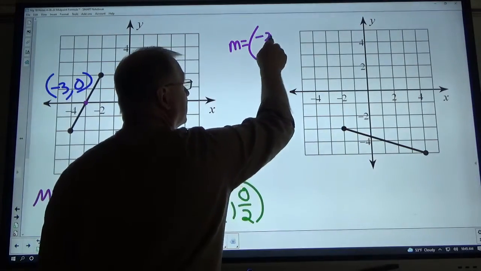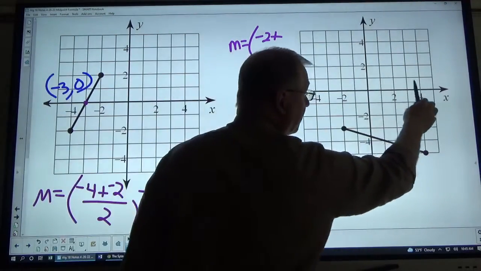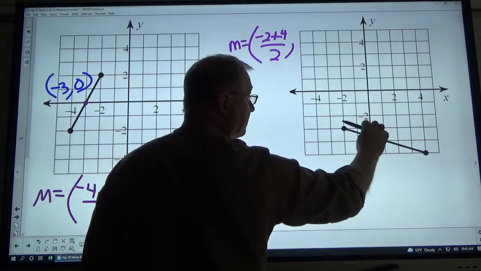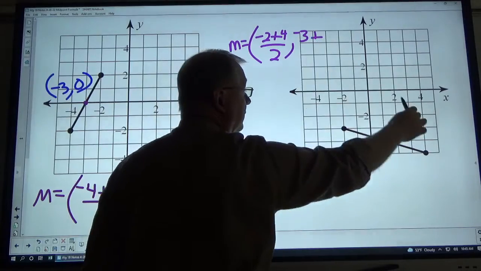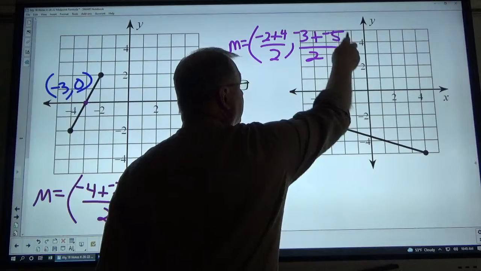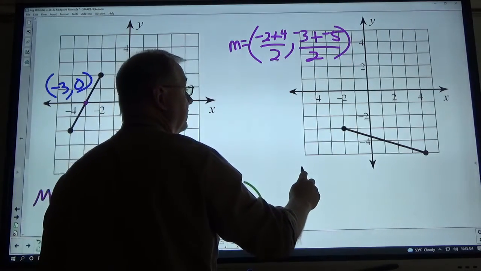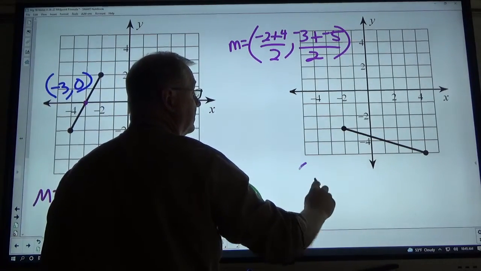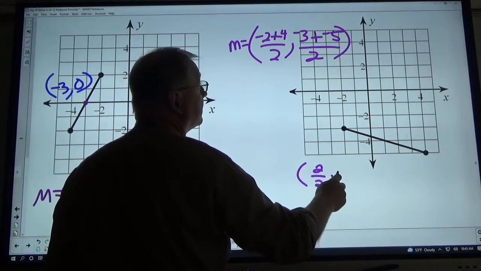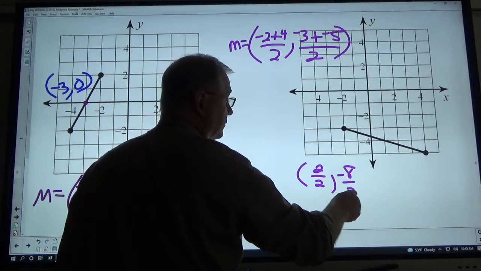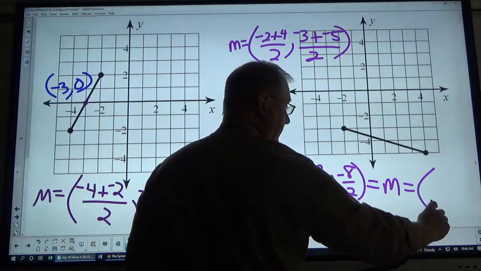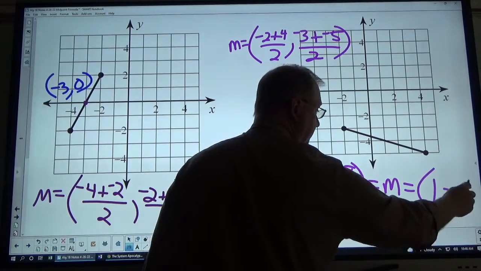Negative 2, positive 4. Negative 3, negative 5. So that gives me, let's see, 2 over 2, negative 8 over 2. 1, negative 4.